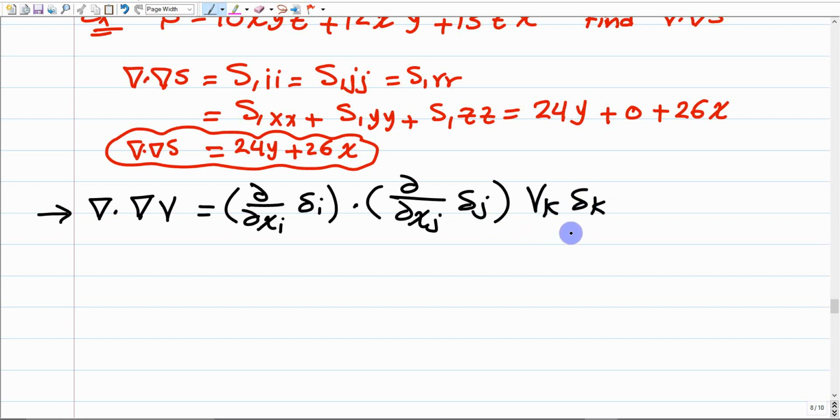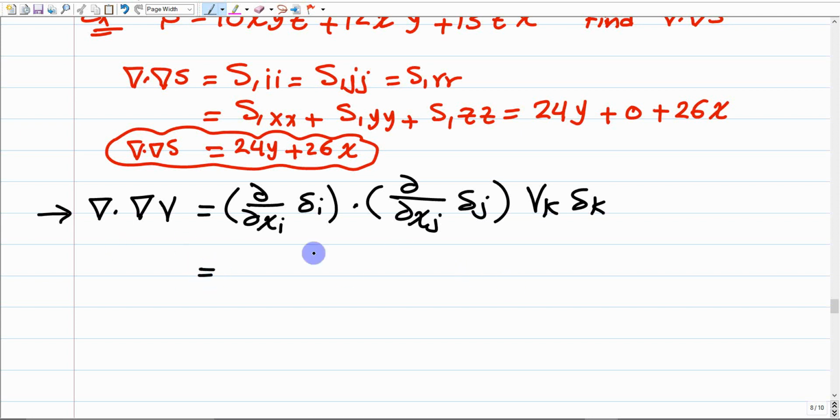Why am I using a third index k? Because I'm still working in the same term, right? We have to use different indices for all of these three, because these are three different vectors, by the way.